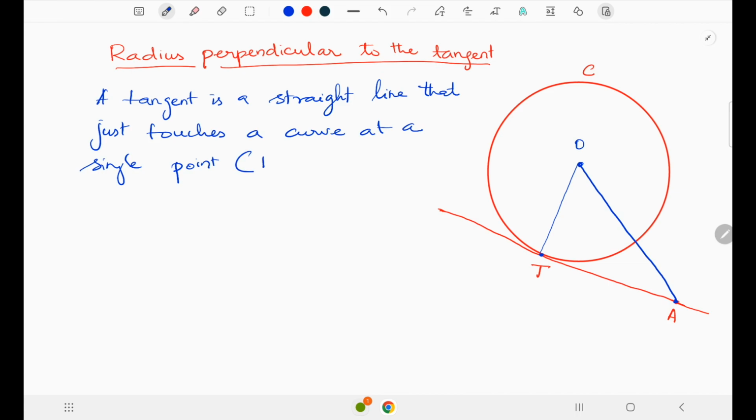Here the single point is T. Here it touches the single point T, right?